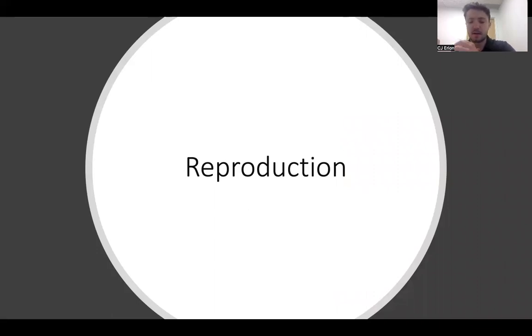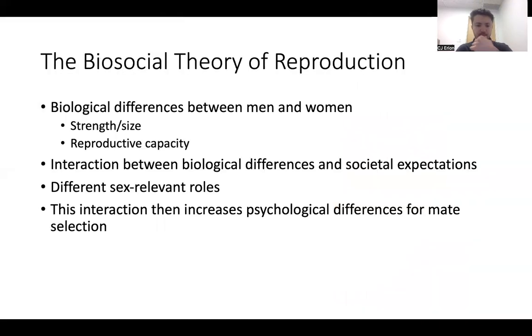Pretty quick section there. Getting into the reproduction aspect based on this theory. Based on the biosocial theory of reproduction, this theorizes that there are biological differences between men and women in terms of strength and size and reproductive capacity, which we'll talk a little bit more about in a couple slides.